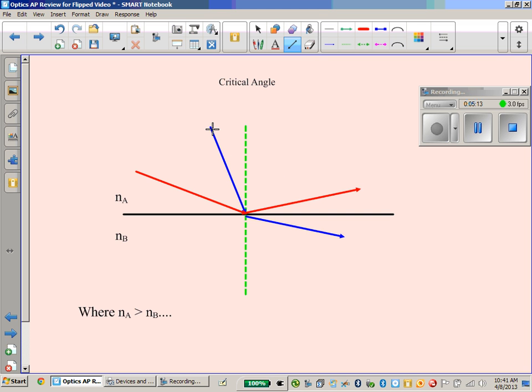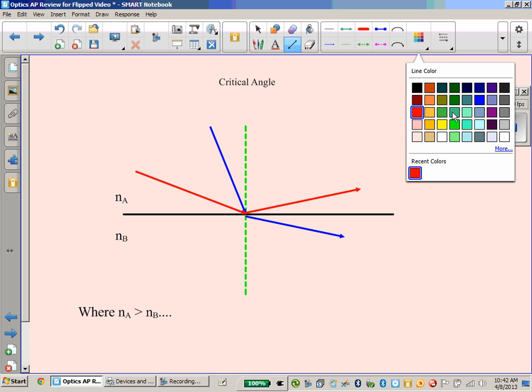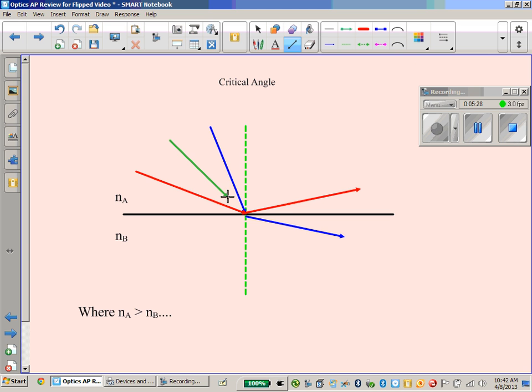You can see from this example that the blue ray came in at a small angle and refracted. The red light ray came in at a large angle and reflected. There's some angle in between there, which is known as the critical angle, and I'll show that in green. At that angle the light ray technically will come out along the boundary. So the blue represents regular old refraction.